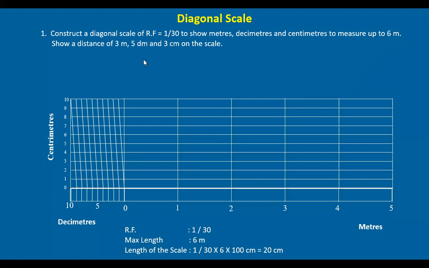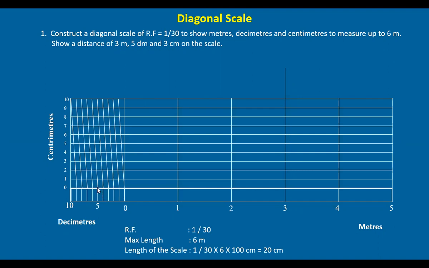Now we will show this length on this. The meters are here, 3 meters, we draw a line here, 3 meters passing through this, 5 decimeters. From 0 up to here it is 5 decimeters. I want 3 centimeters also. So from this point, we follow this line up to the third division, third point. This is the fifth one, that is giving 5 decimeters.